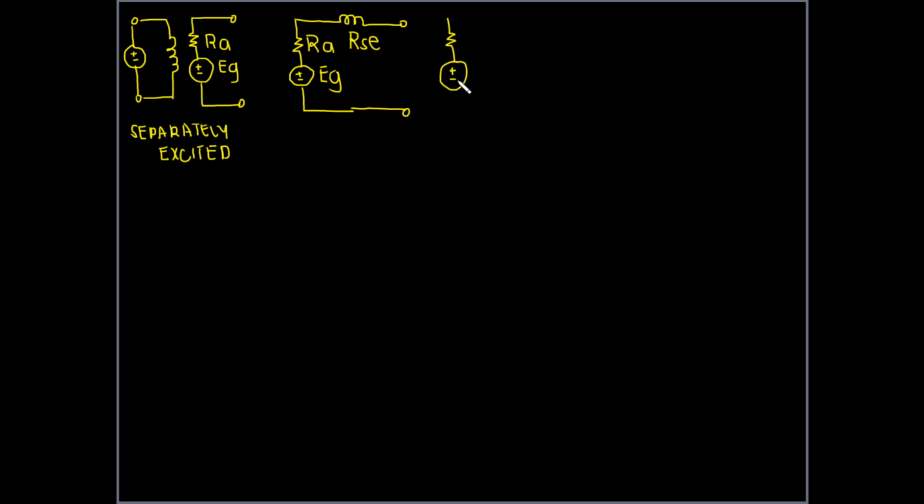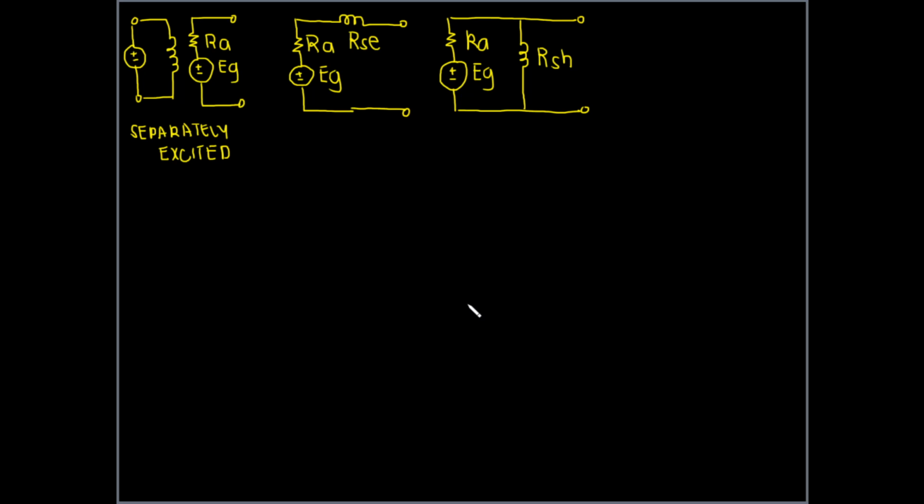You can also connect the field in parallel with the armature. So here can now look like that one. So this is now your field, and again it has a resistance which we called RSH.